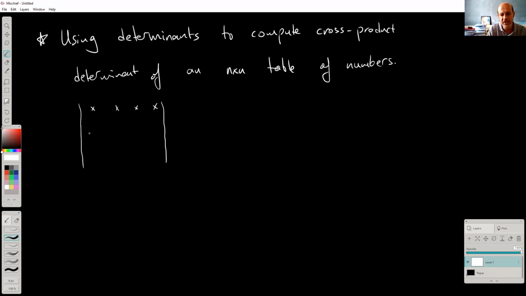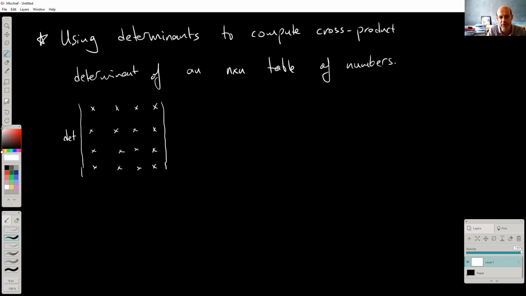Let me just do it 4 by 4. In a 4 by 4 table of numbers like that, people usually show the determinant like that, but let me also write a determinant in front, because we can use this symbol to express a matrix as well from time to time.